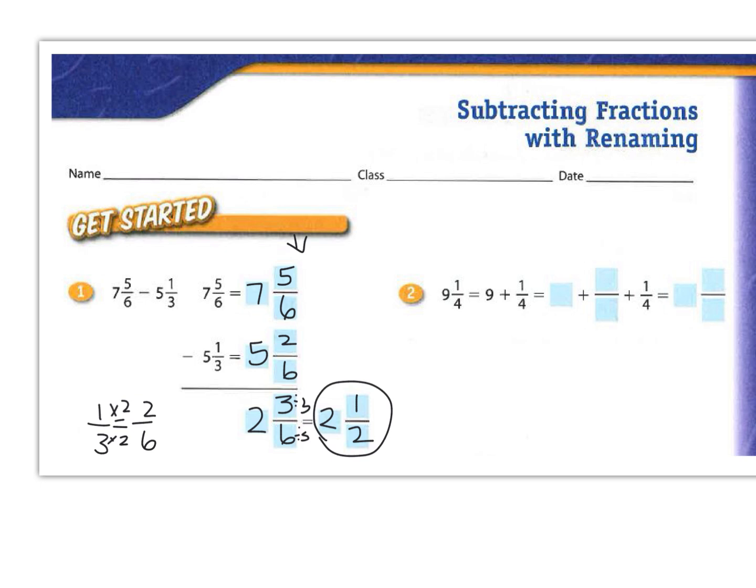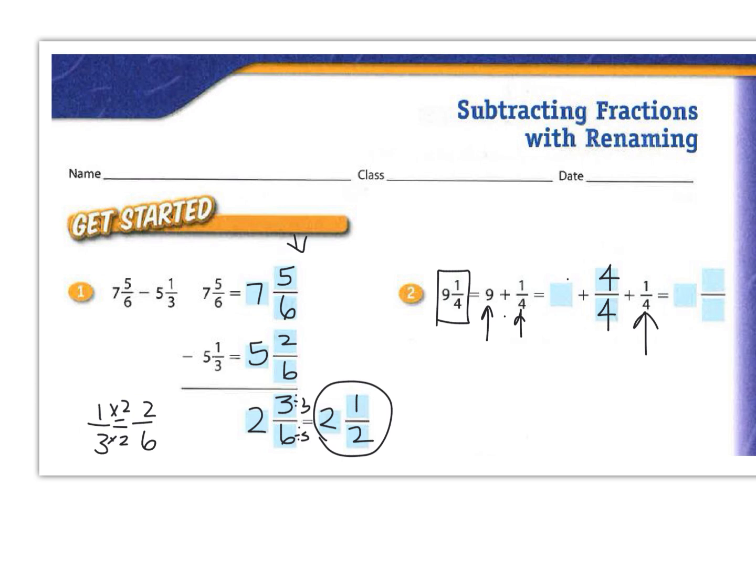All right. As a reminder, here's 9 1/4. So that's the same thing as saying 9 plus 1/4 because it's 9 and 1/4. Well, now we're going to keep that fourth, but we're going to change the 9 and we're going to take out a whole number, a whole 1, because 4 over 4 equals 1.